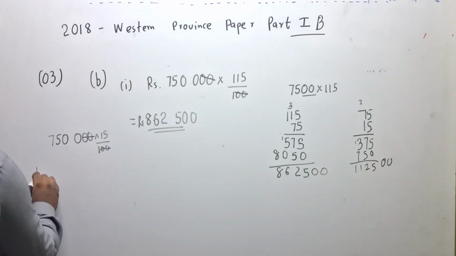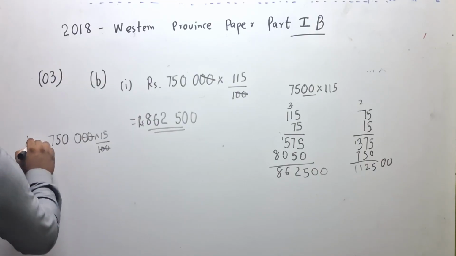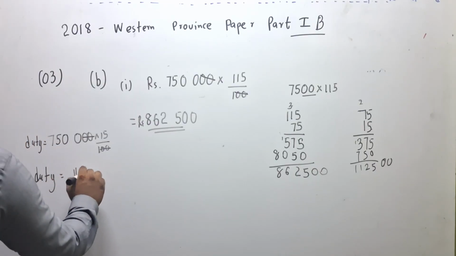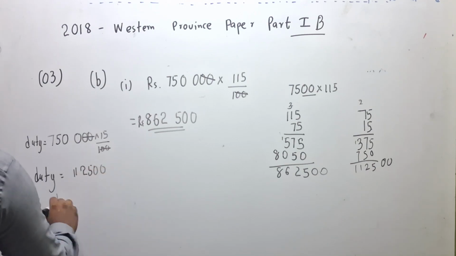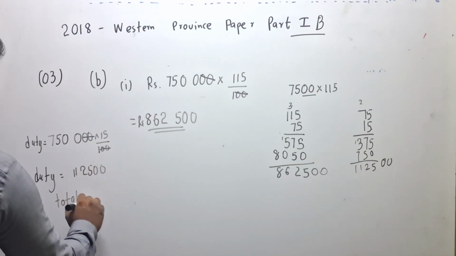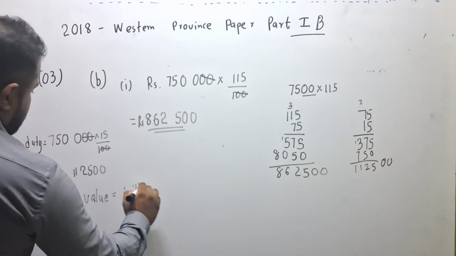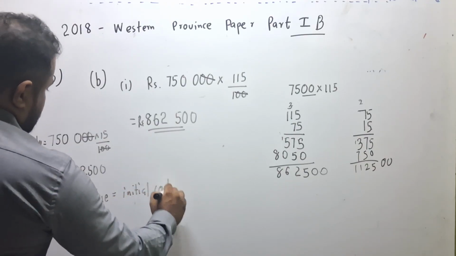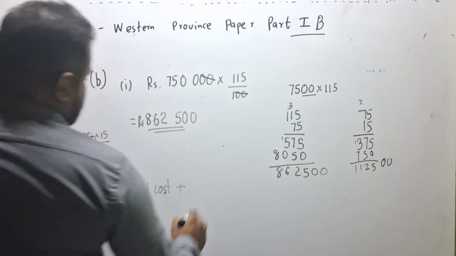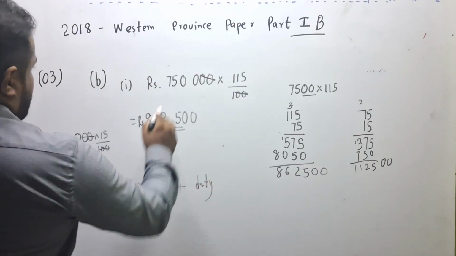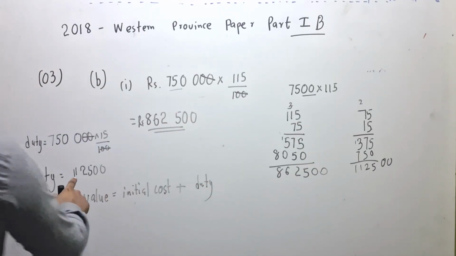This is just the duty. So duty is equal to 112,500. Total value equals initial cost plus duty. That means 750,000 plus 112,500.